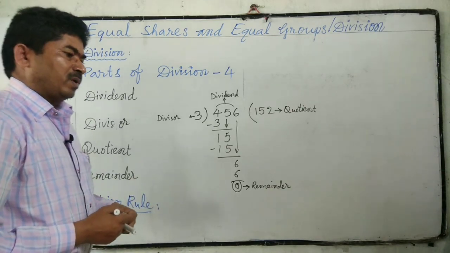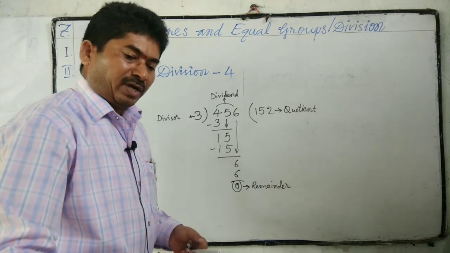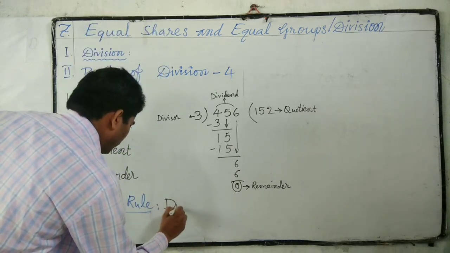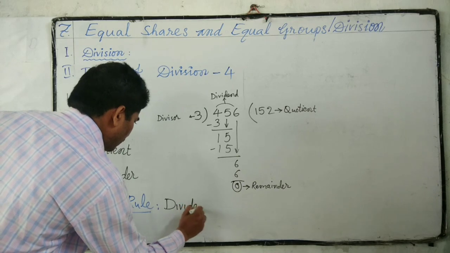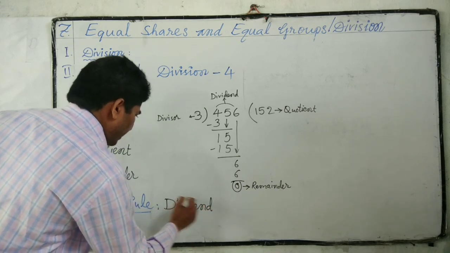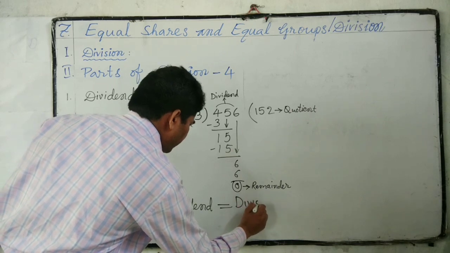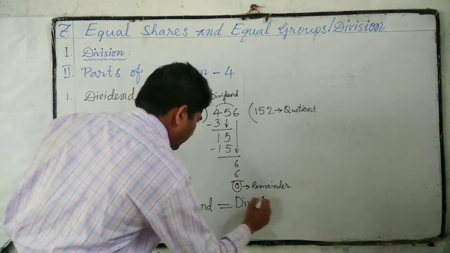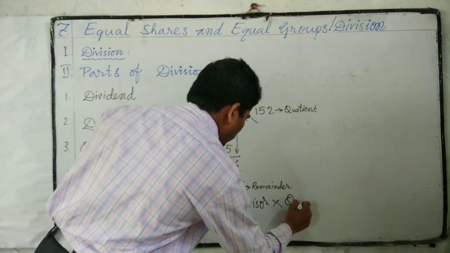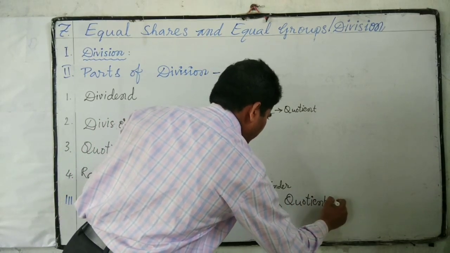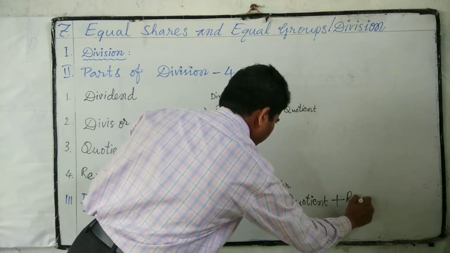What is division rule? Dividend is equal to divisor into quotient plus remainder.